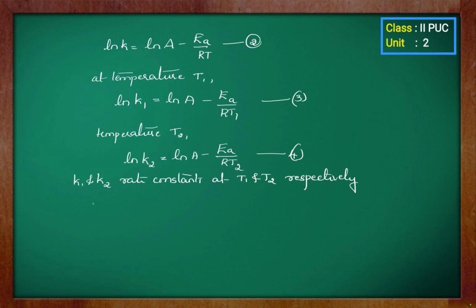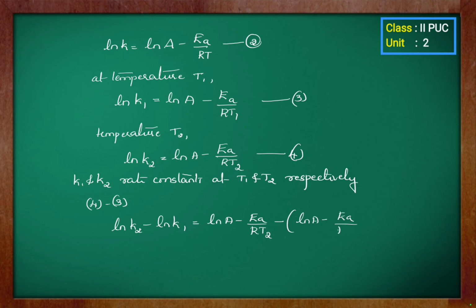Now if I subtract equation 3 from equation 4, I can write ln k2 minus ln k1 is equal to ln A minus Ea divided by RT2 minus of ln A minus Ea divided by RT1.